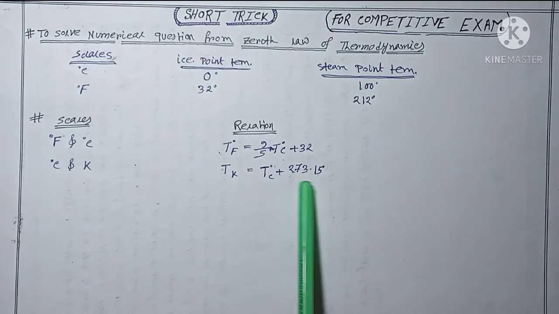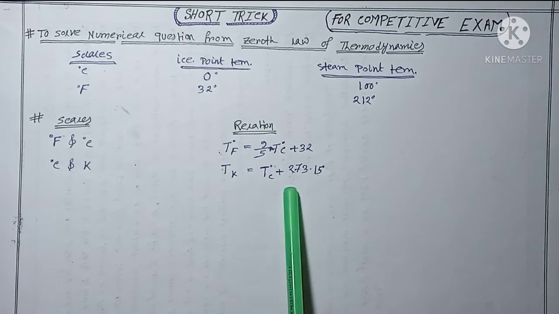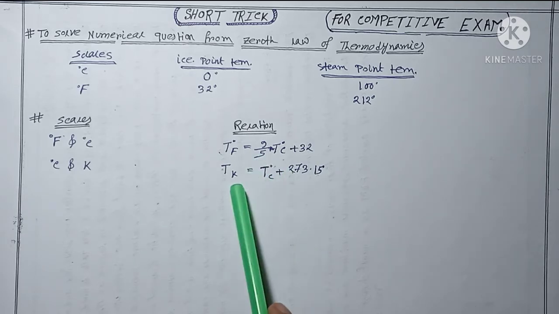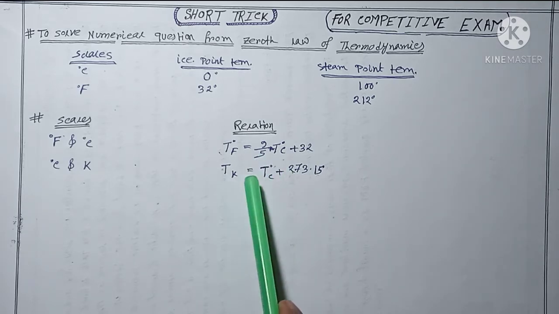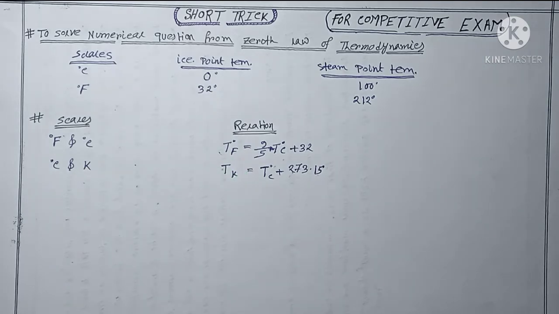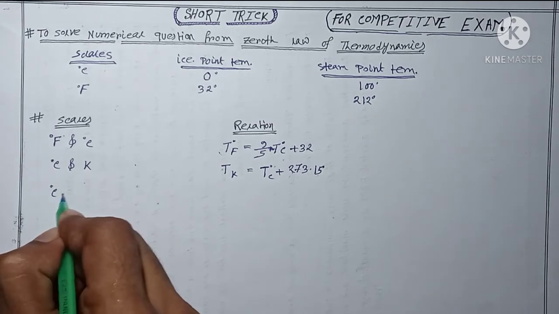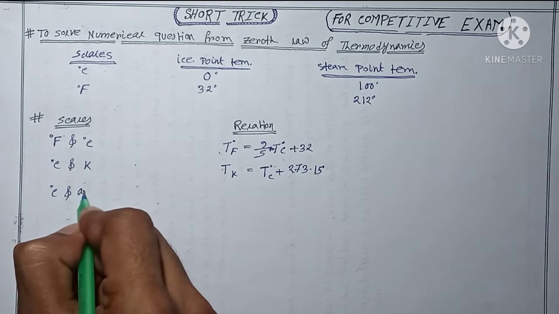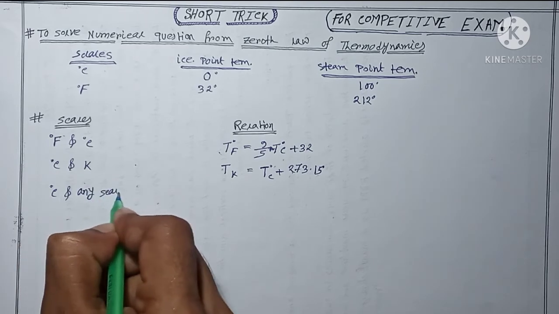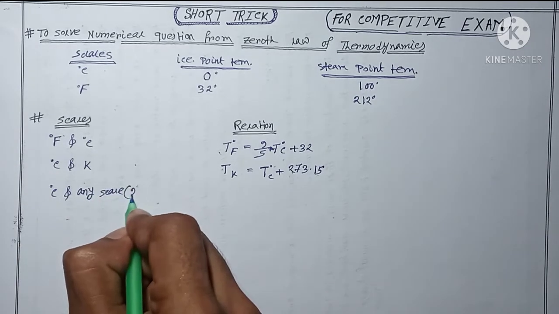So if we add 273.15 to the temperature in Celsius scale, we find the temperature in Kelvin scale. Now let us consider a new scale is invented, maybe scale X, Y, Z, anything. What would be the relation between the Celsius scale and any scale? Let us assume it's X.